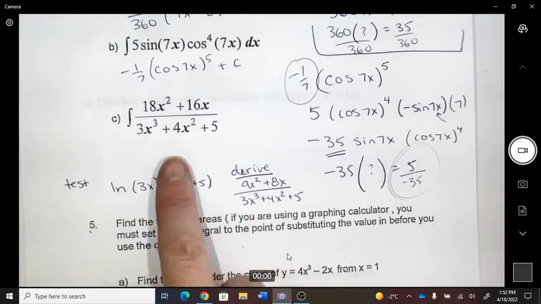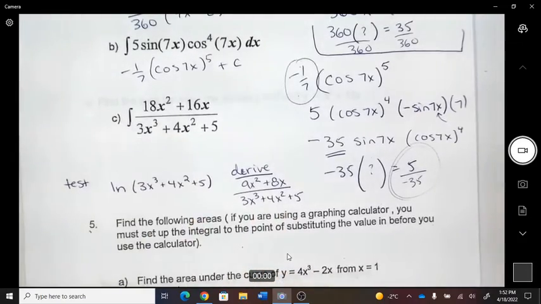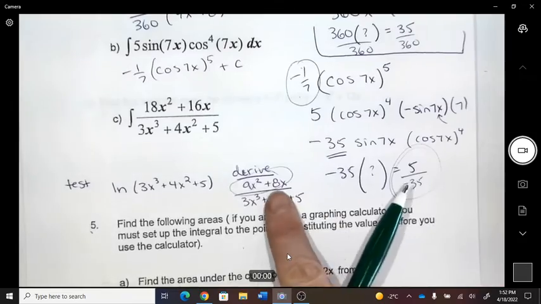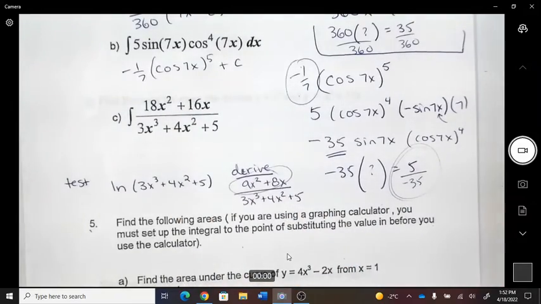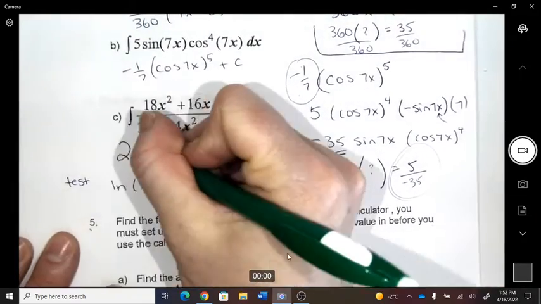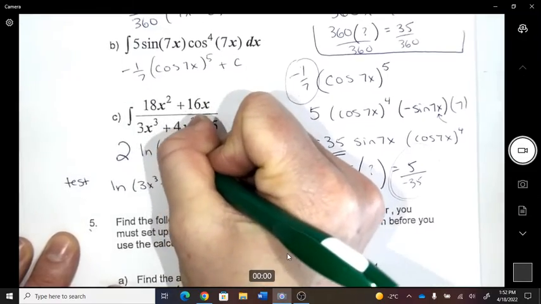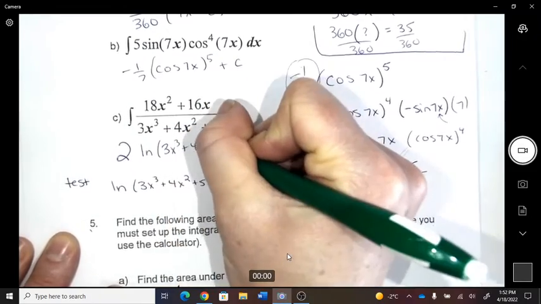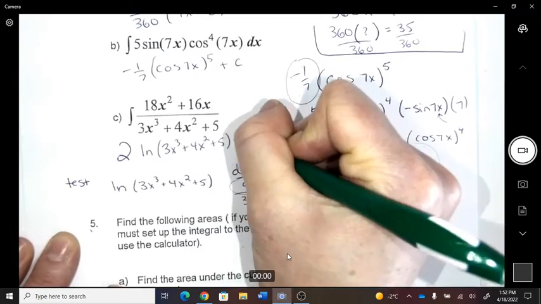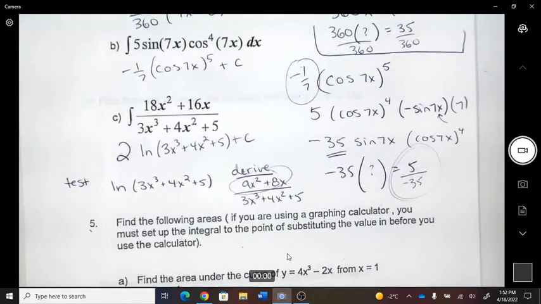Did that end up how I wanted it to? Not quite. This top needs to get doubled. So I'm going to put a 2 in the front of what I did. Okay, so figure out what you want to test. Do your derivative. What do you need to put in the front of it?